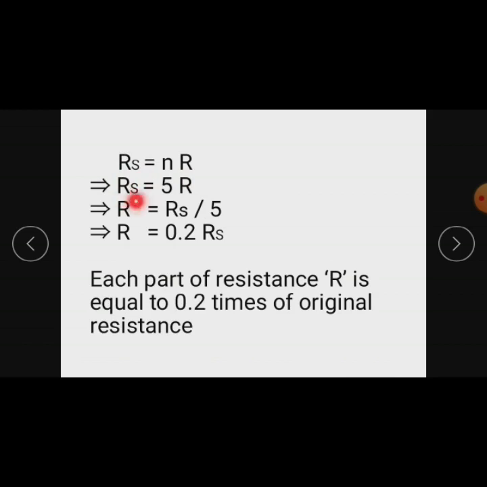So R equal to 5R. R equal to Rs by 5. R equal to 0.2 into Rs. So now we compare the original resistance with the equivalent resistance of series connection. Each part of resistance R is equal to 0.2 times the original resistance.